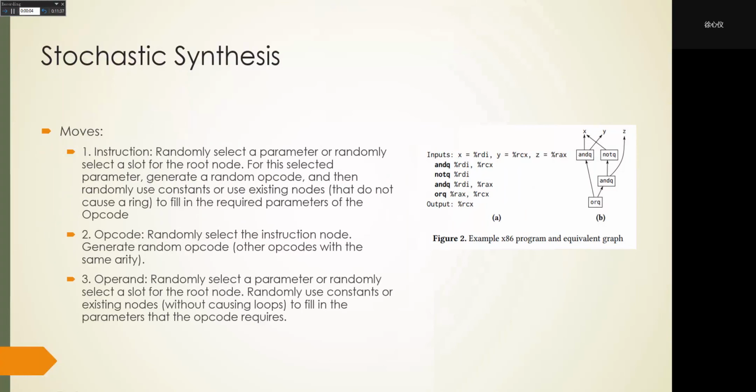So the moves contain three types. The first type is to select an instruction and randomly fill the operation code and the arguments required by the operation code. The second and the third moves are similar: randomly choose an operation code and replace it with another operation code with the same arity.